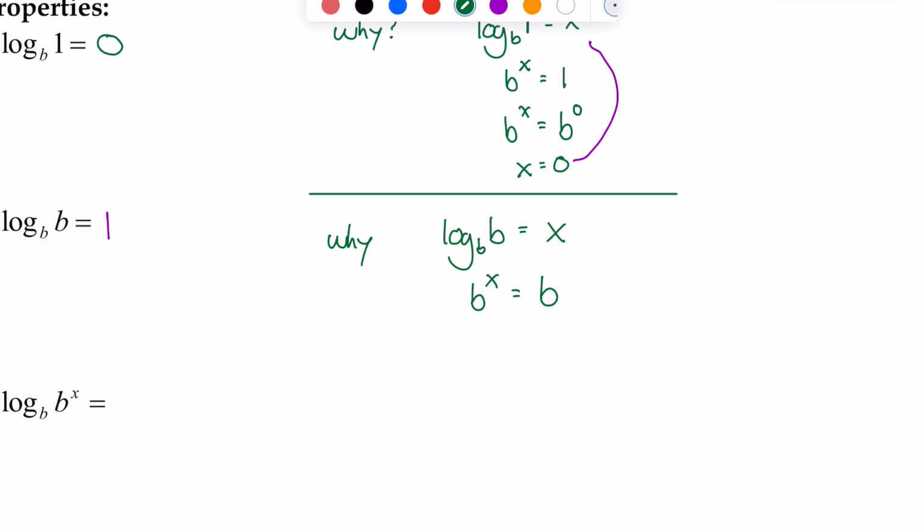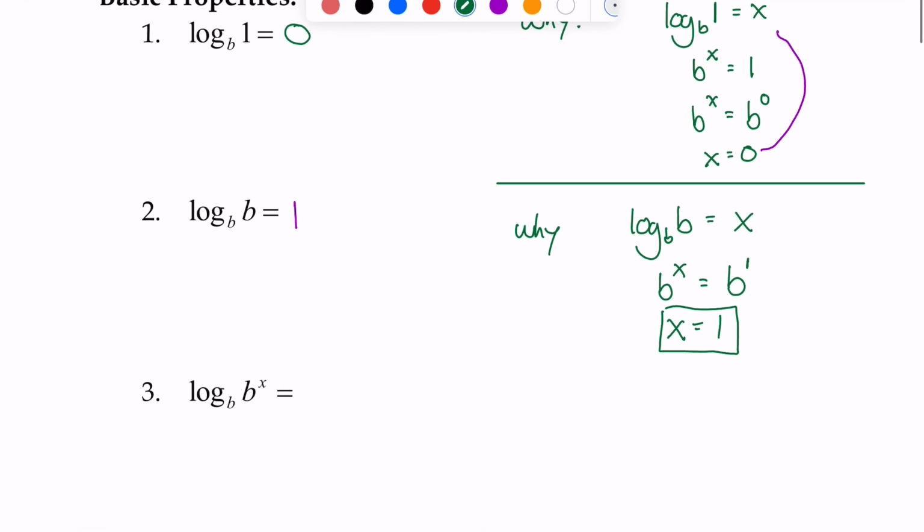We'll equate the exponent, so this is technically b to the 1. So then x is 1. Because these two are the exact same here, it will always result in 1. So that's your basic property number 2 of a logarithm.